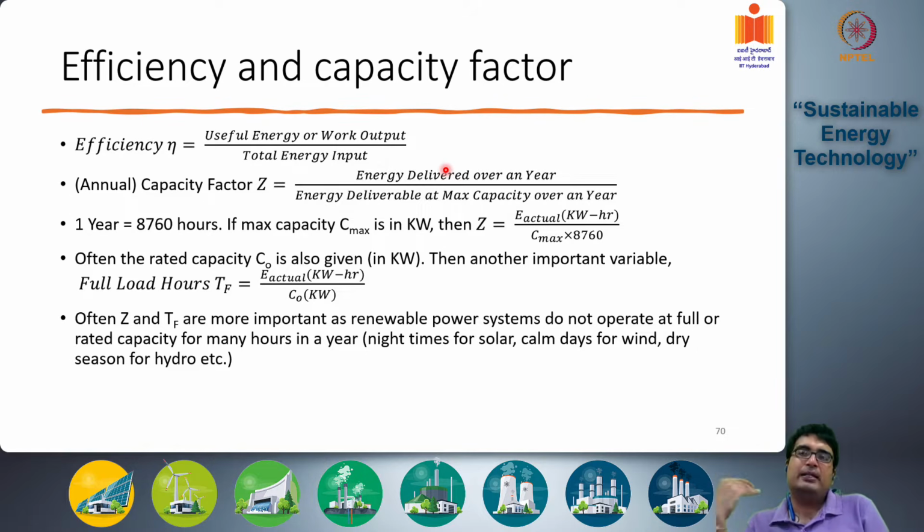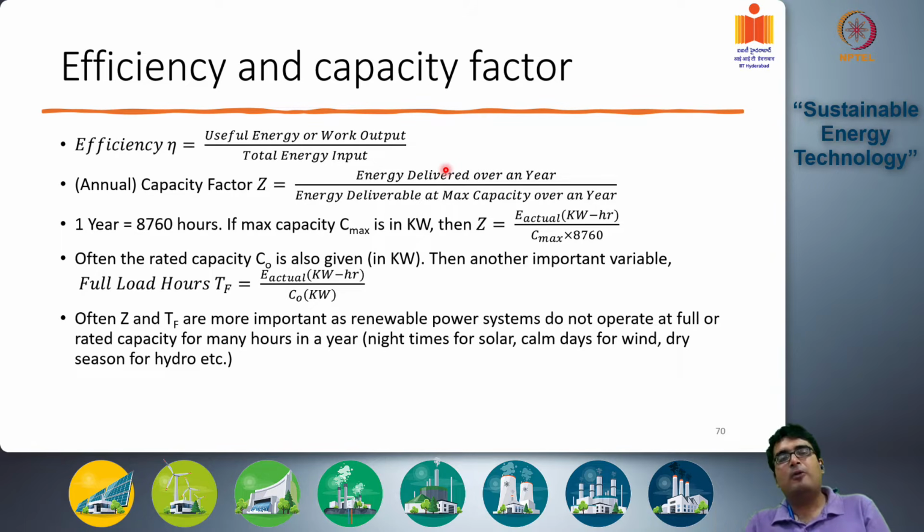Much later in the class, when we discuss electric grid systems, we will also see this effect, that the maximum capacity of many kinds of plants is much larger than the actual energy that they deliver. There are peak load power plants, which only come online when there is an excess demand for electricity that the general power plants cannot meet, a sudden spike in demand. These power plants remain operational only during that period and then stop working again.